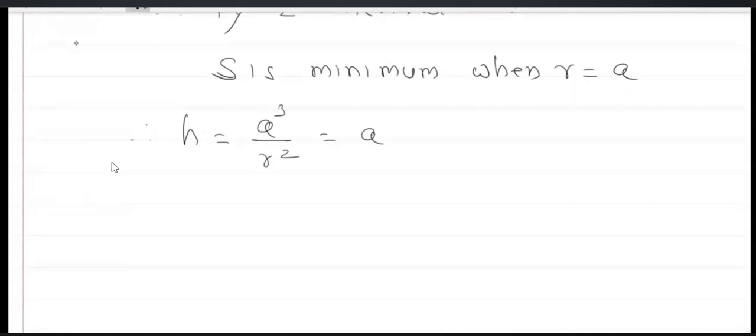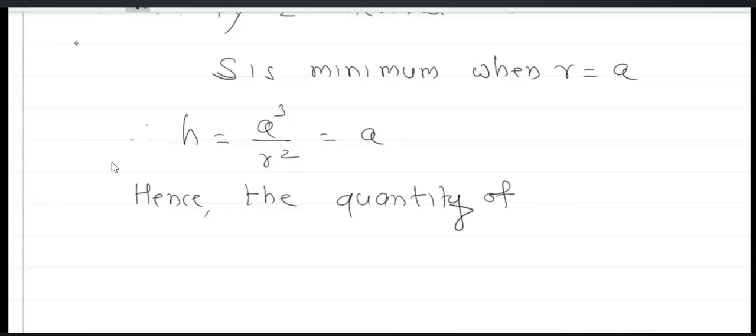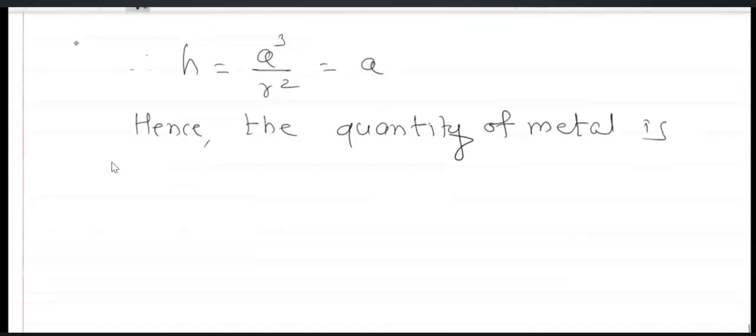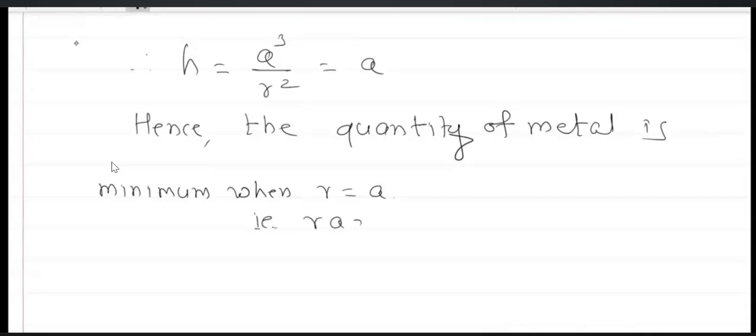Then h is equal to a cube upon r square. Therefore, h is equal to a. Hence the quantity of metal is minimum when r is equal to a. That is, radius is equal to height.